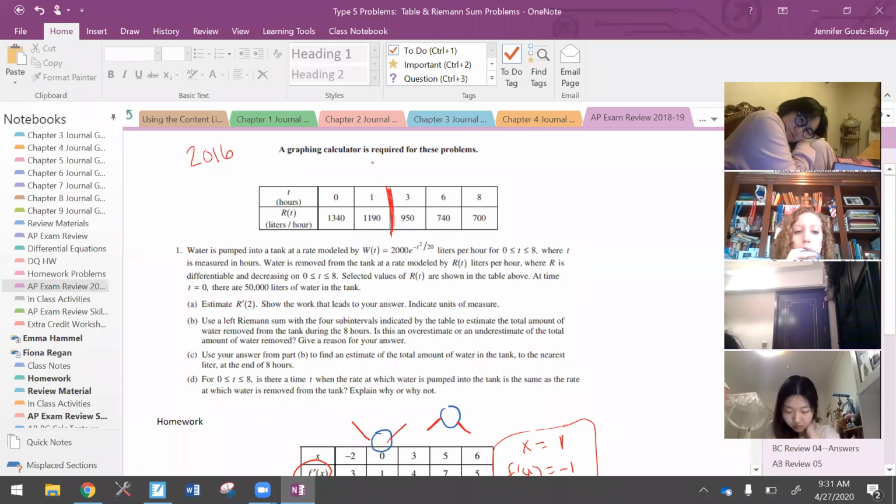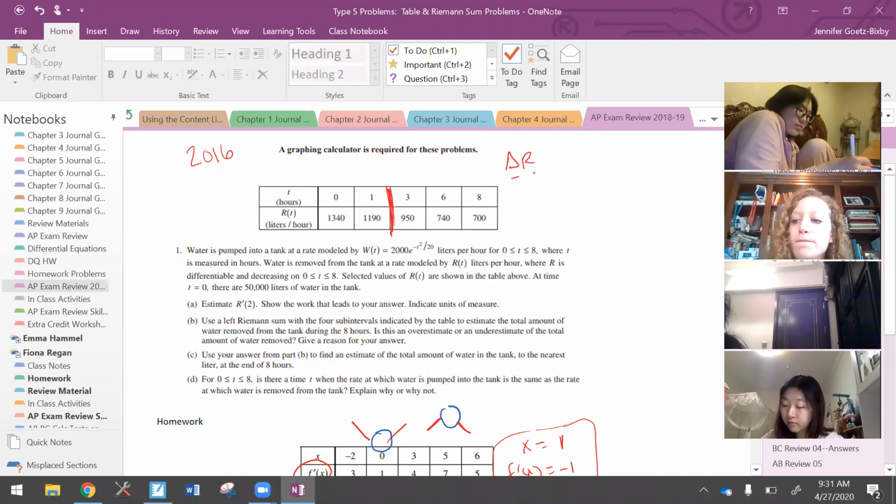So what you're really going to do is take the change in R over the change in t, and that's how you're going to estimate R prime. So it'll be 950 minus 1190 over 3 minus 1.